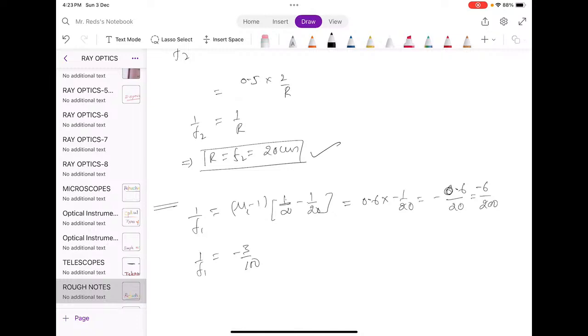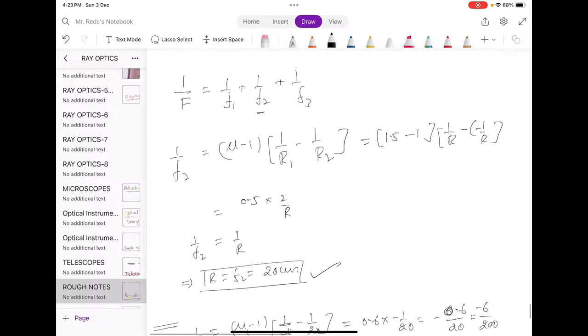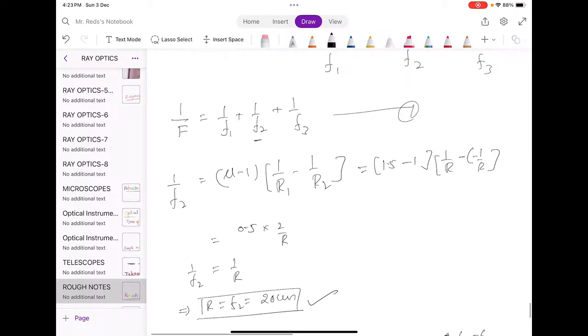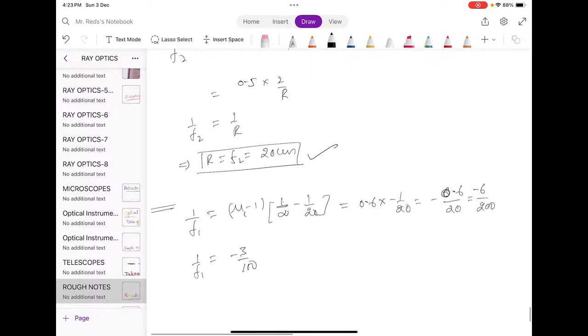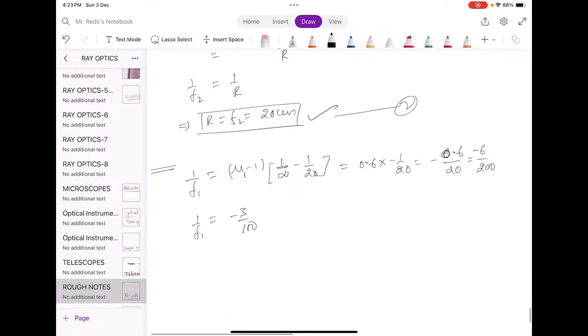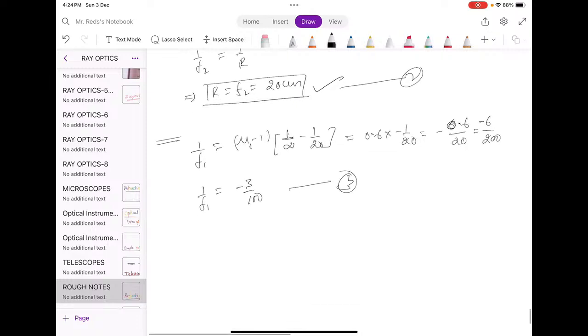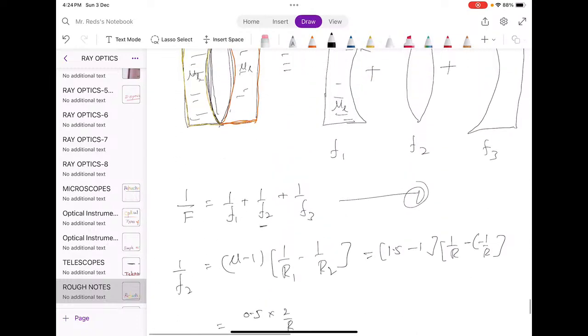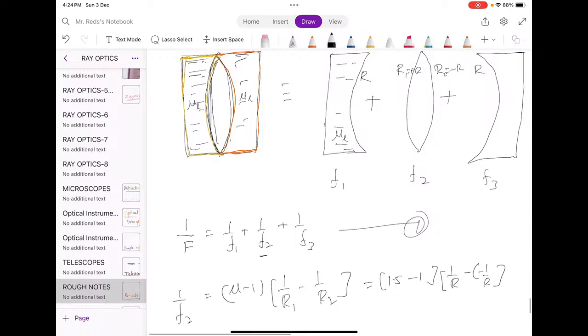You can take these as different equations. This is general equation 1, this is the effective focal length, what you were supposed to find. This is 2, this is 3. 1 by f3 you want, and 1 by f3 is equal to, again, mu l minus 1 into, for f3, the left side surface is concave and the right side surface is plane.